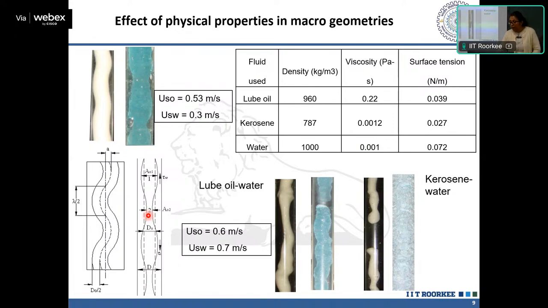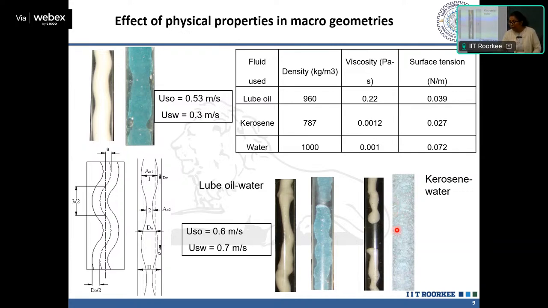Okay, so this is the effect if you change the viscosity. If you are doing the experiment with a highly viscous dispersed phase, a high viscosity secondary phase, then what can you expect? Similarly, this one is the effect of viscosity and interfacial tension. The effect of interfacial tension can be seen here: kerosene has a much lower interfacial tension.